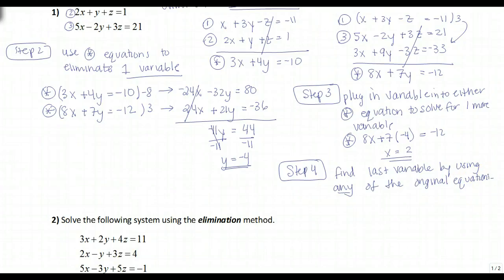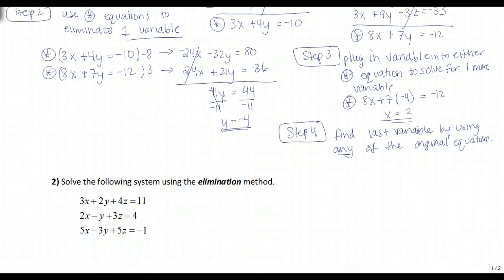I don't care which one you use. Doesn't matter. Any one of them. 1, 2, or 3. Whatever you think is easiest. I'm going to use 2x plus y plus z equals 1. So I have 2 times 2 plus negative 4 plus z equals 1. And you're going to solve, because you're all awesome, and get z equals 1. So look at that. I have x, y, and z.